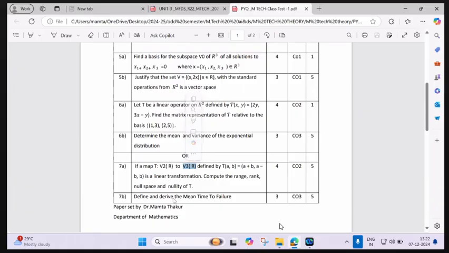And then define the mean time to failure. And how do you find the mean time to failure? If they didn't mention with respect to which distribution, they asked you to just derive the formula, and that is there in your notes. Yesterday we saw the integration of R of t at the end. Remember?